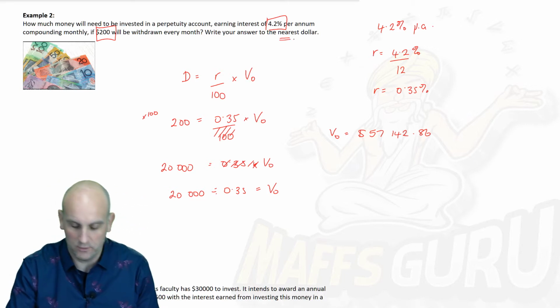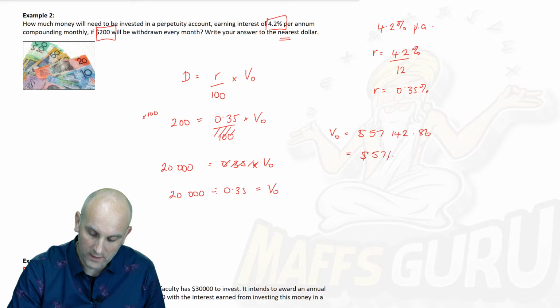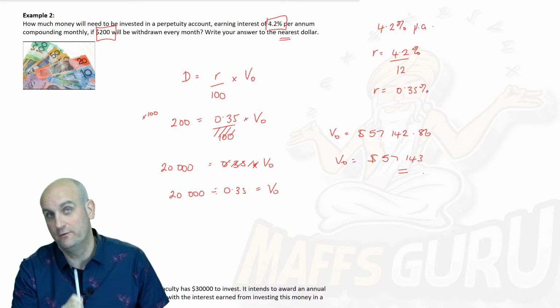So we have to make sure that we then round that to the nearest dollar, which gives me $143. So let's write that a little bit better, so when you print it out on your notes, it makes sense. $57,143. Whoa, don't be tricked.